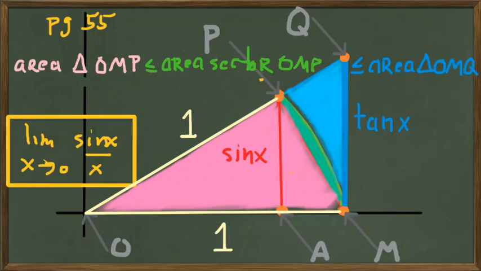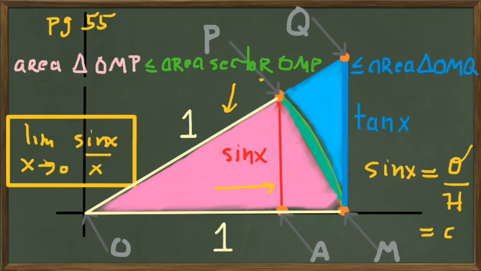Now, next, let's verify that this height right here is actually sine x. Sine x is defined as the ratio of the opposite side of a triangle to the hypotenuse, but the hypotenuse of this triangle is 1, so it is the same as the opposite over 1.